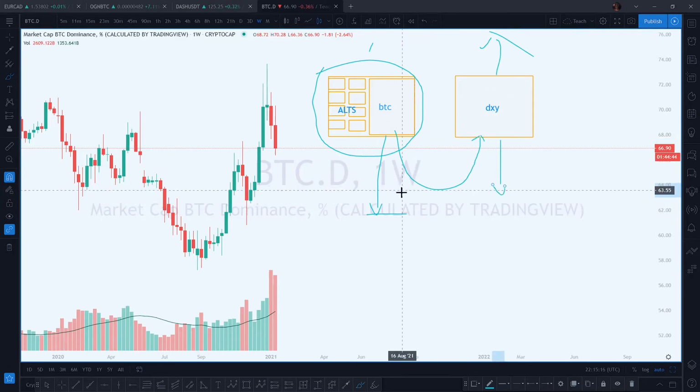So when money flows from BTC to USD, making the BTC market weak, money is also flowing out from altcoins into BTC. Because like I said in the beginning, altcoins are not directly paired to the US dollar, but they are directly paired to BTC. I will explain that soon.